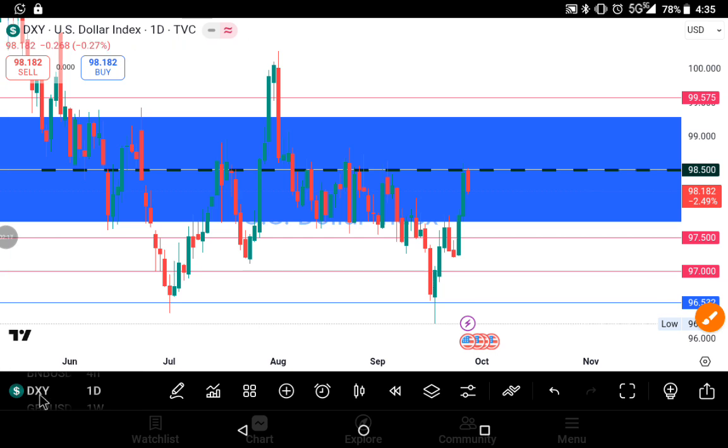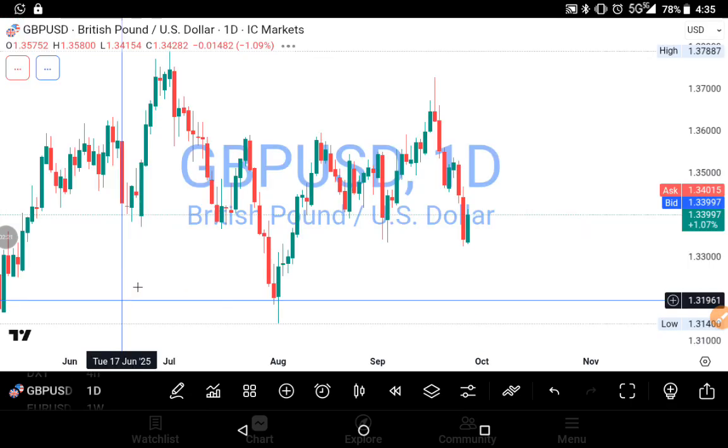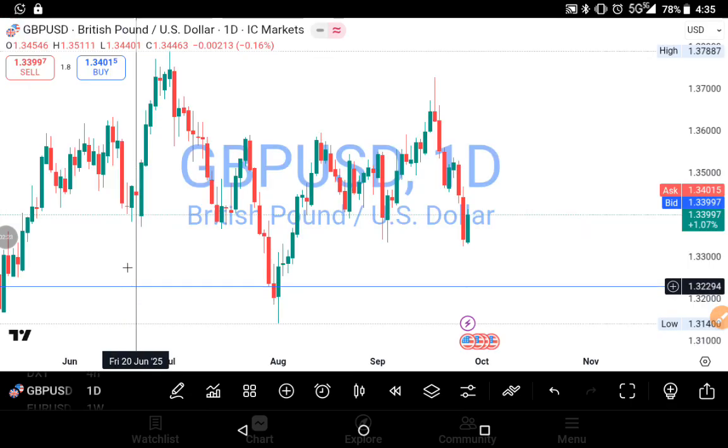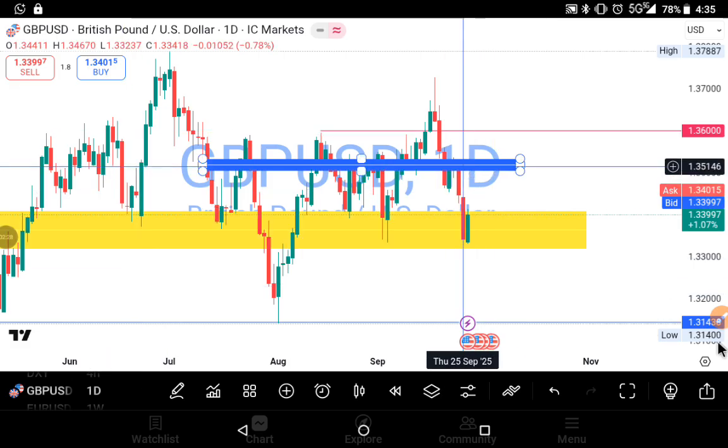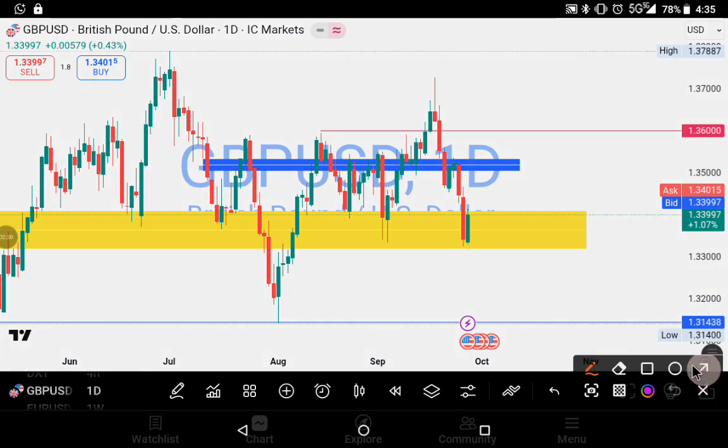So let's go to our cable, GBP USD. On GBP USD last week, I was interested in the consequent encroachment of this blue line, of this blue shaded area here. So I was expecting it to serve as a resistance to the current market price, which it does.